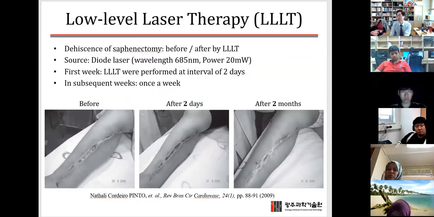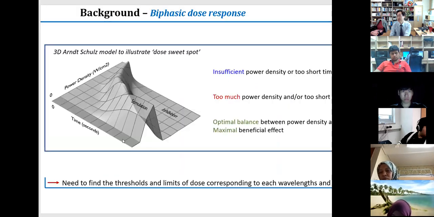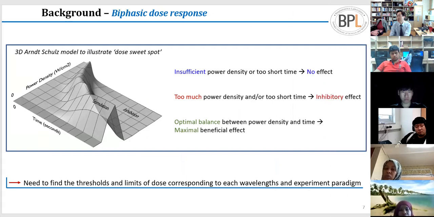I need to show this one also actually. So people found that this biostimulation or LLT has a biphasic dose response. When there is insufficient power or maybe too short a time, then there is no effect.